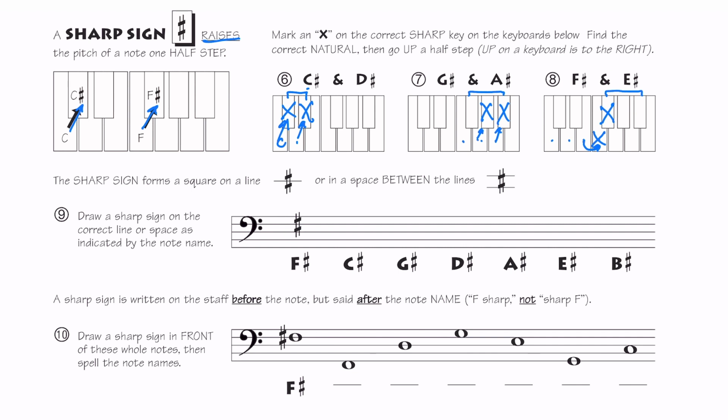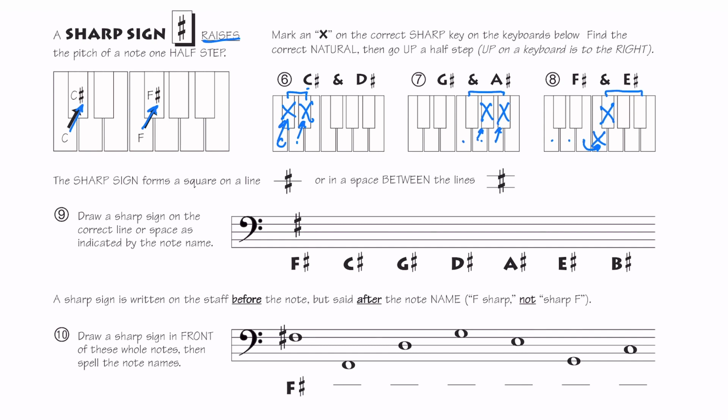So that E sharp has another note name, F. So that is an enharmonic tone. So E sharp, kind of tricky because you don't have that accidental between E and F. So an E sharp is F.